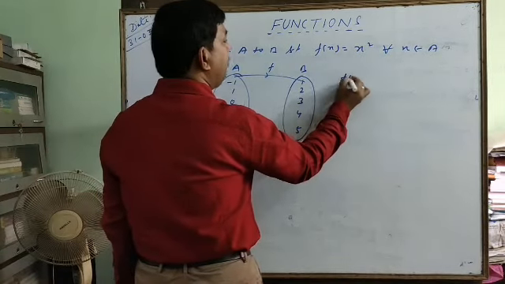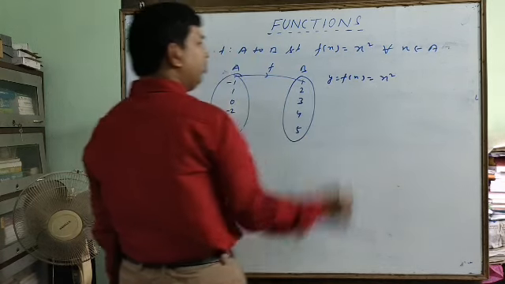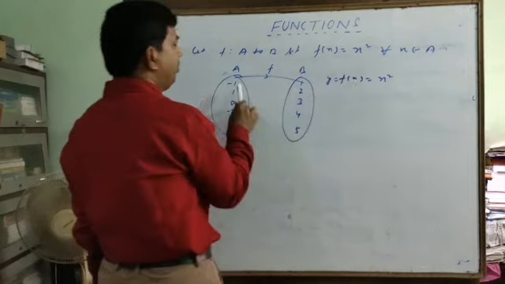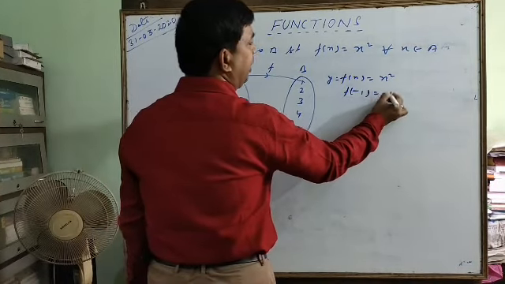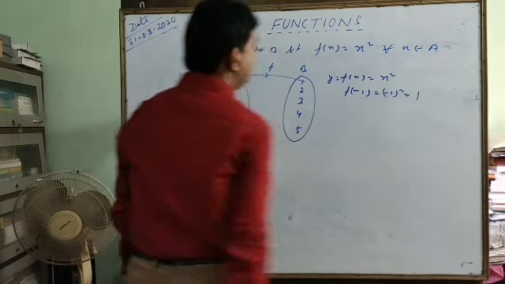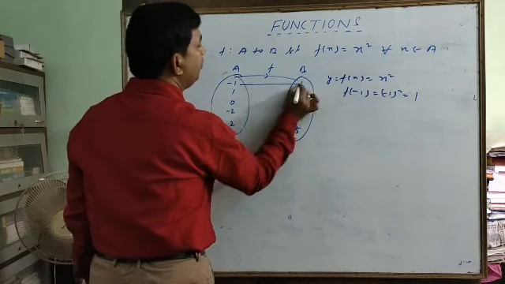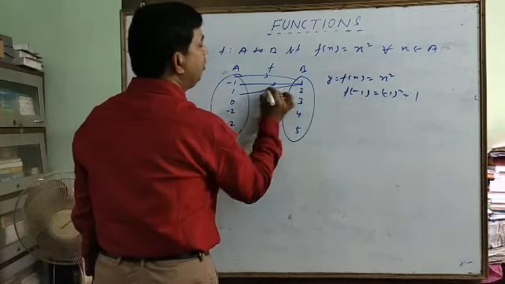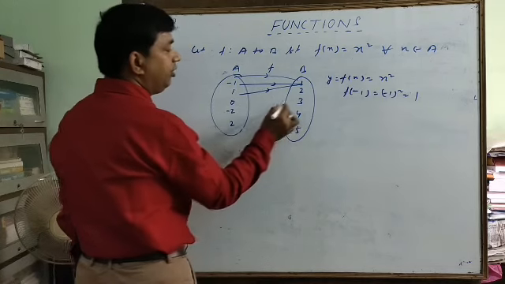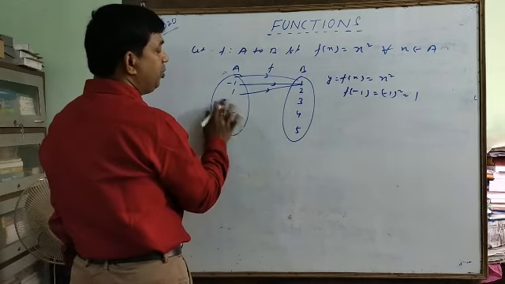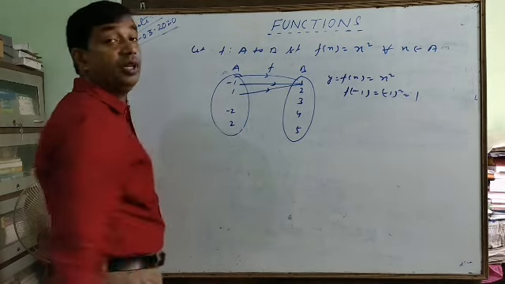Like the rule is f of x equal to x square, this is y. When we substitute x as -1, then it is -1 square, it is 1. So -1 is related to 1, +1 is related to 1, 0 is related to 0. Here it is not 0, just remove it, because even if we take 0 it is not a function, because 0 has no image.